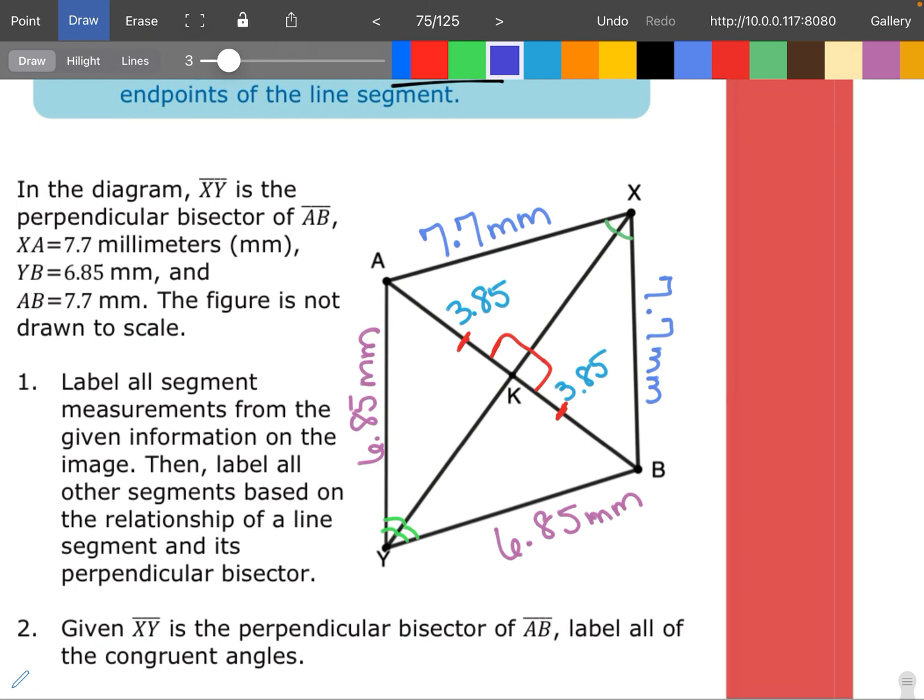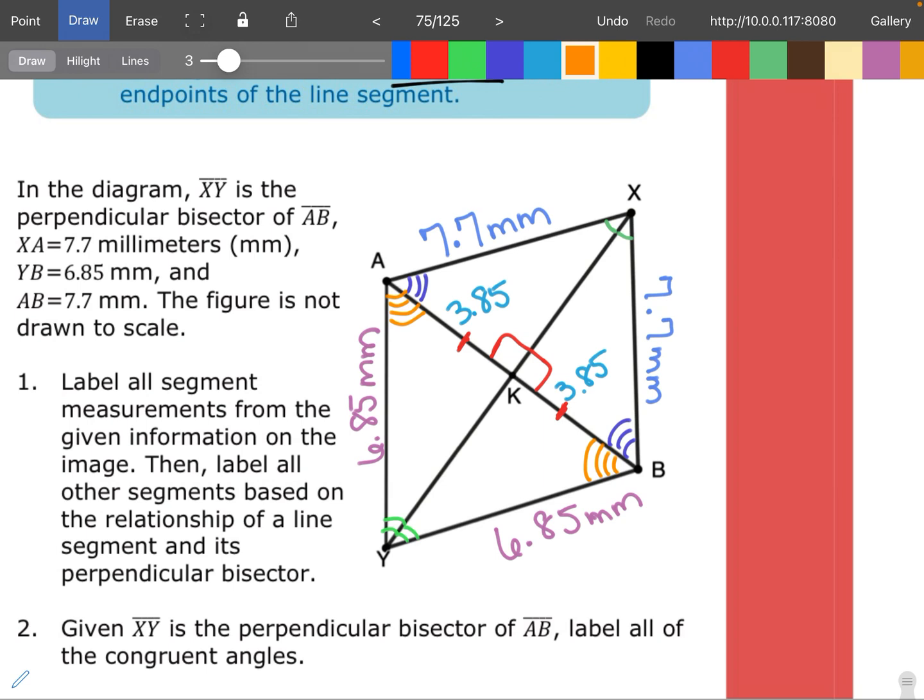Also, when I mapped over, I would find that XAK, this angle right here, would be congruent to XBK. And the fourth set of congruent angles would be YAK, 1, 2, 3, 4, would be congruent to YBK.